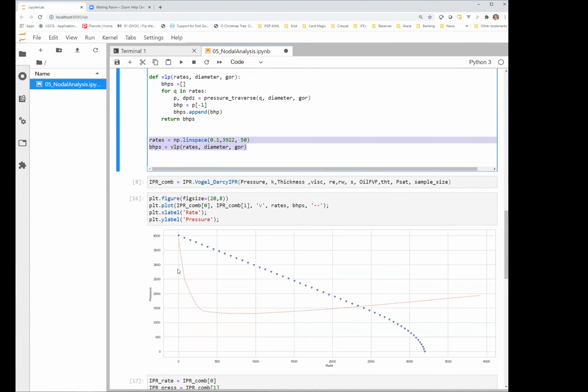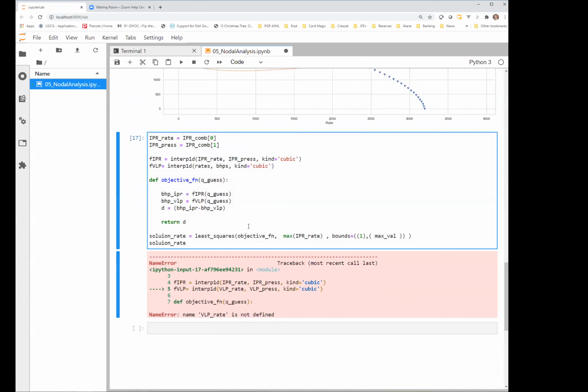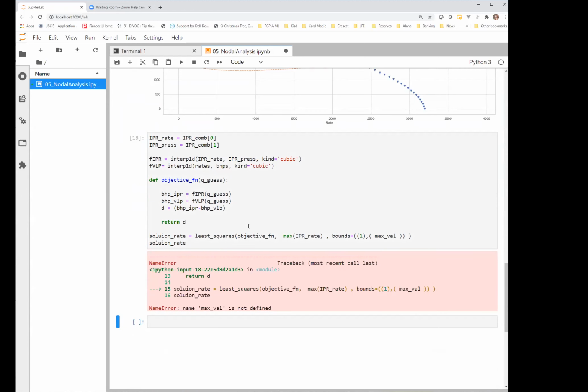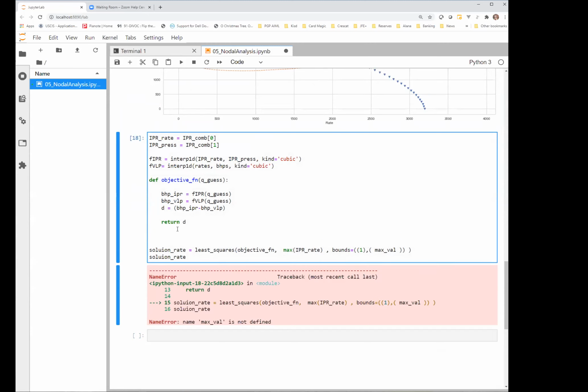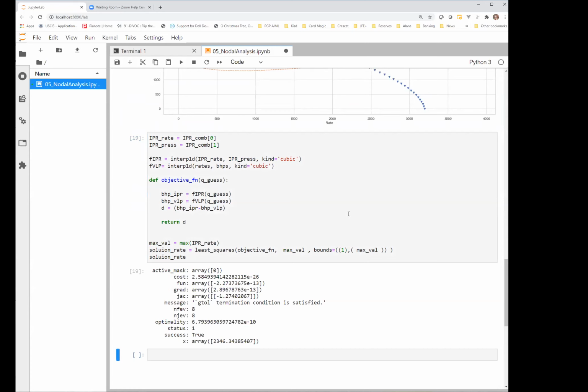So in the previous exercise, I renamed it. Let's do this. Let me call Max rate equal to the maximum value of the IPR, which is supposed to be the AOF, and we can be consistent. There we go.